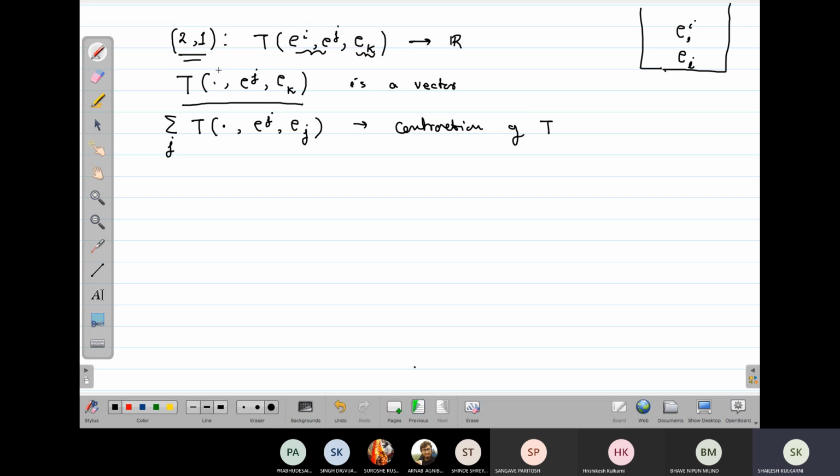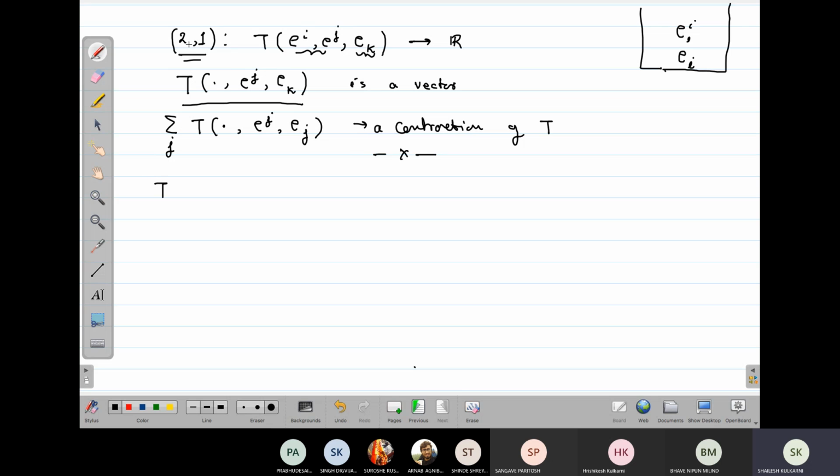So I consider a contraction of T, because there are other contractions also. This is one contraction where the first slot is kept vacant and the second and third slots are occupied. Is it clear? Now let us see what happens in terms of components.